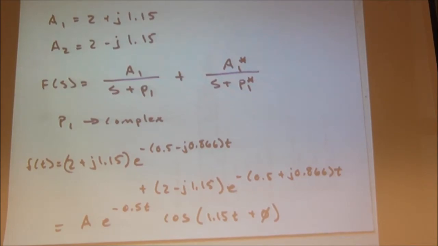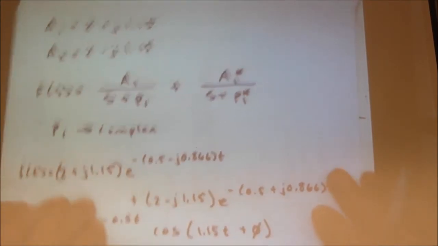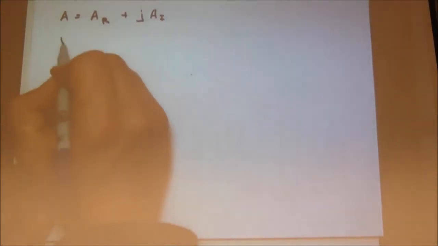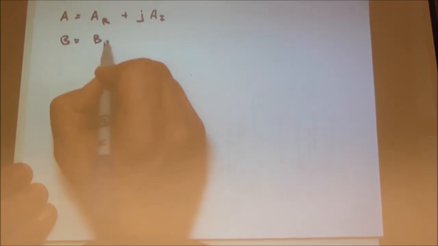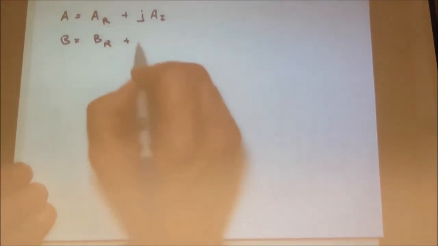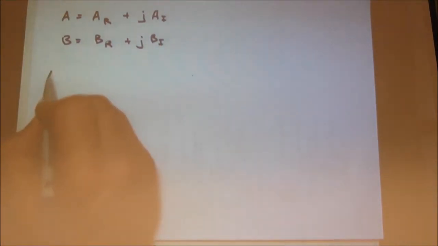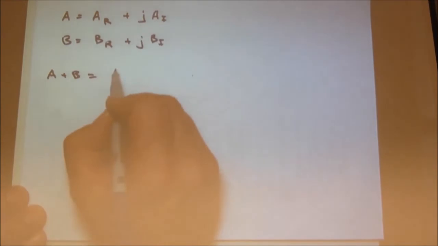Now that we've introduced complex numbers, it is worth reminding you of how they work if you haven't used them before. Usually if I have a complex number, A real plus j A imaginary, and I have a complex number B real plus j B imaginary, well, A plus B is fairly straightforward.